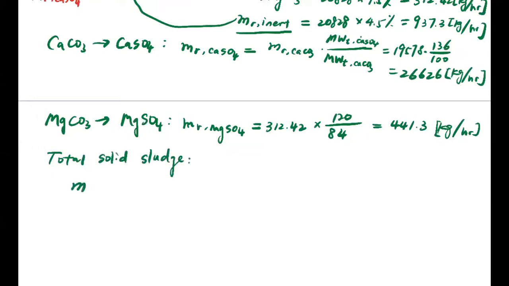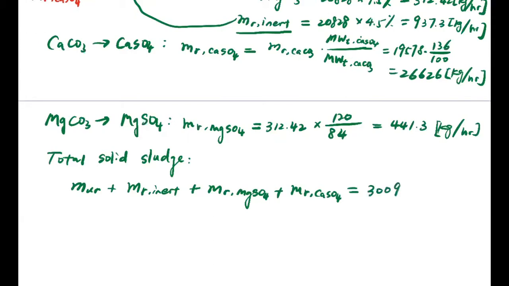So that is going to be the unreacted limestone plus the reacted limestone and the inert inside, and then the reacted limestone magnesium sulfate and the reacted limestone calcium sulfate. Okay, so that's going to be 30093 kilogram per hour.